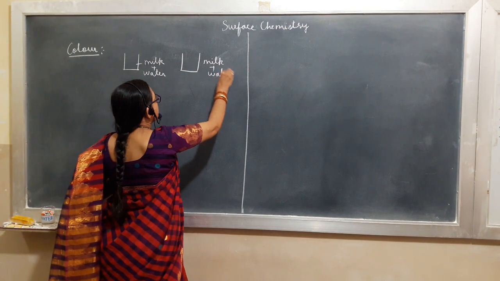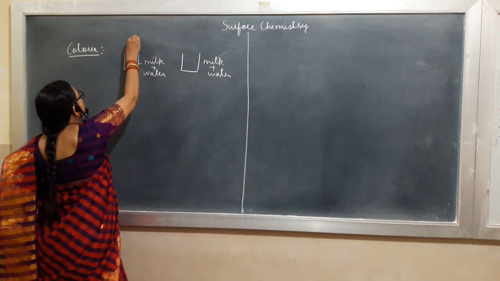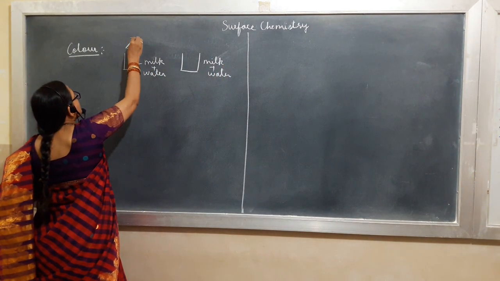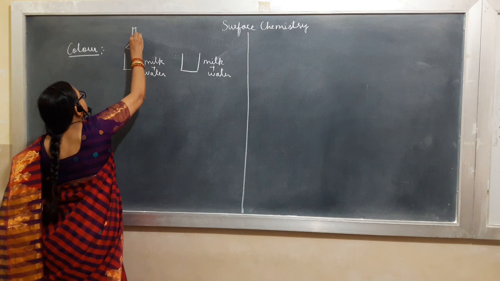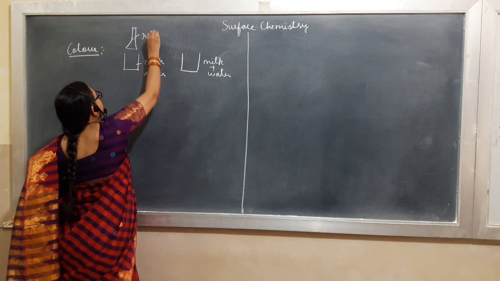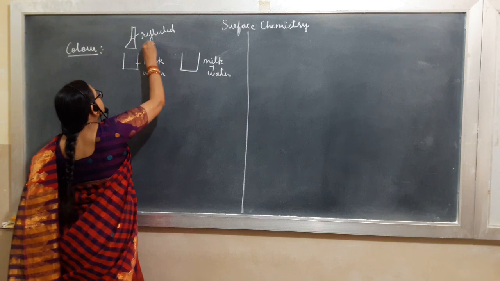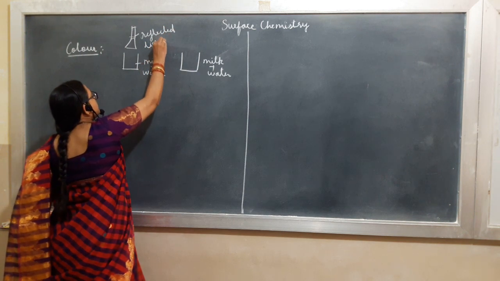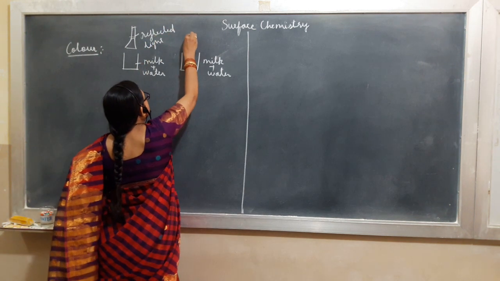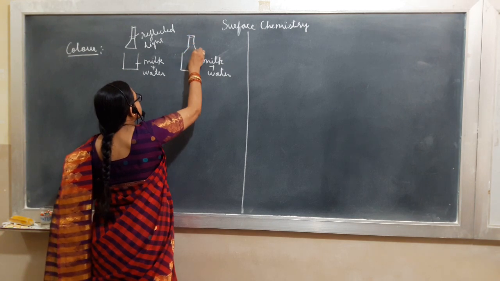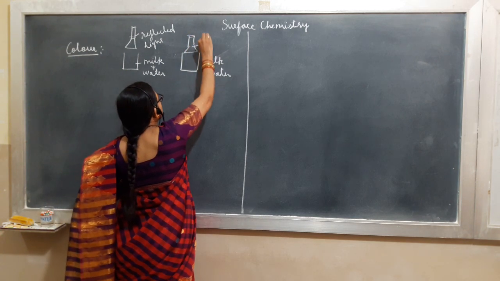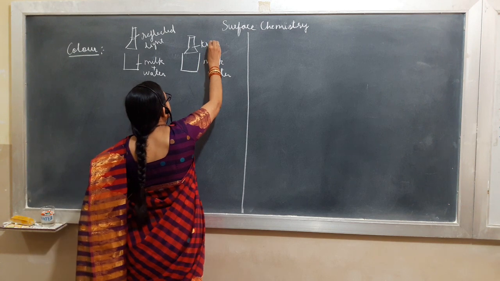But here we are going to reflect a light called reflected light, and here we are going to pass the light called transmitted light. These two lights are having different wavelength.